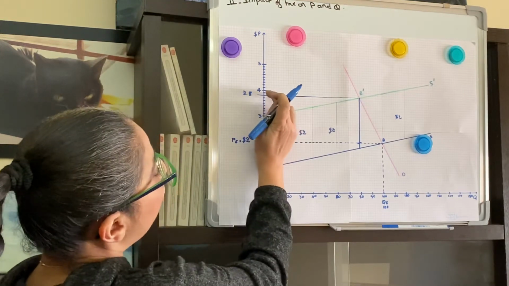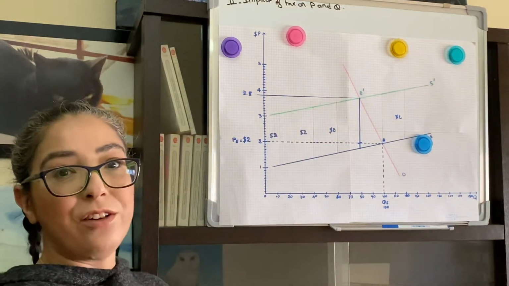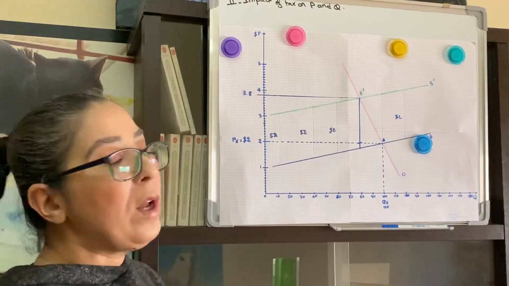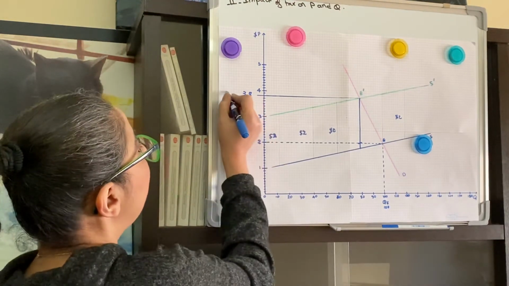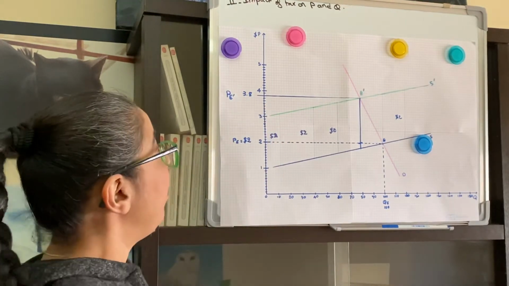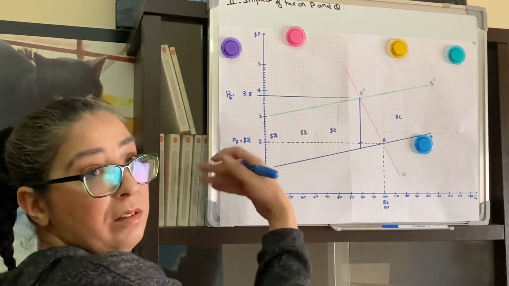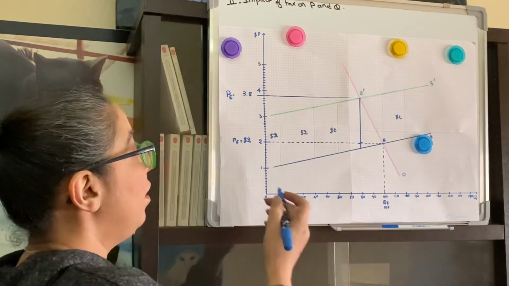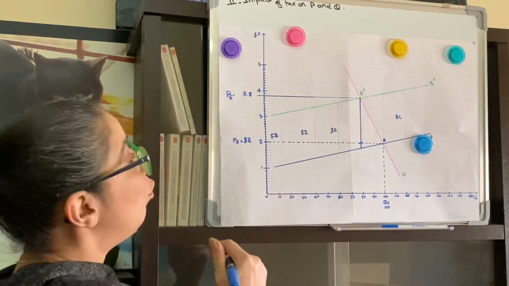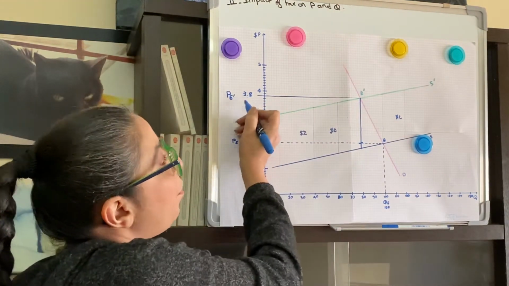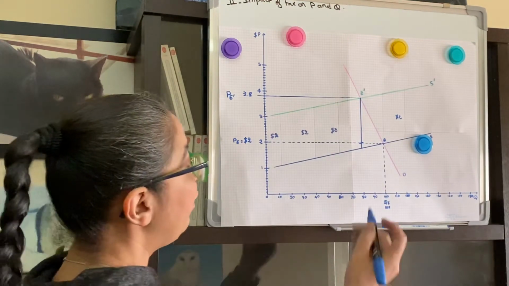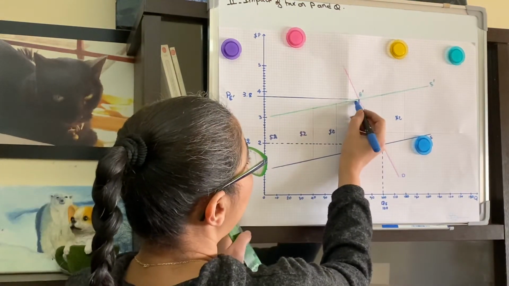You see two little squares missing to reach $4? Remember, what does the consumer pay? It always pays the market price. PE was $2, and now it pays PE prime, the new equilibrium price, which is $3.8.